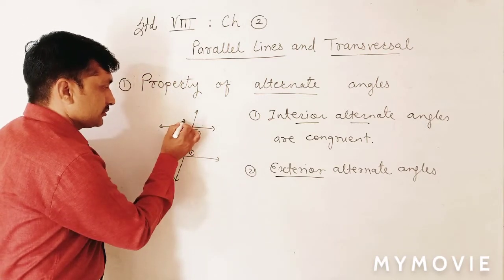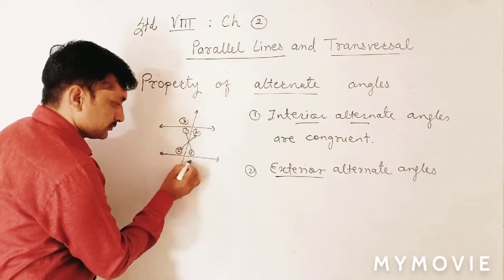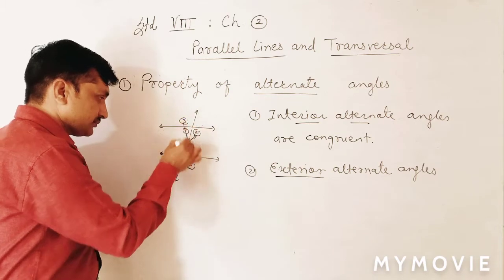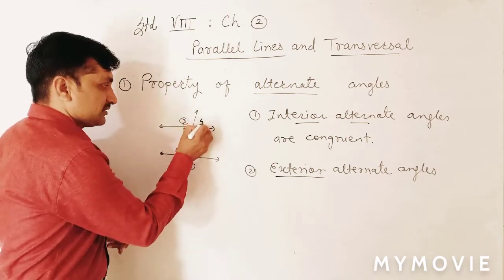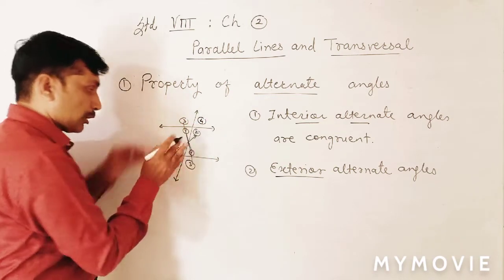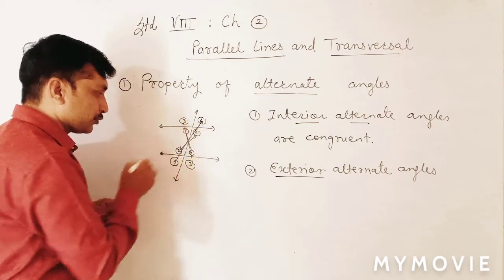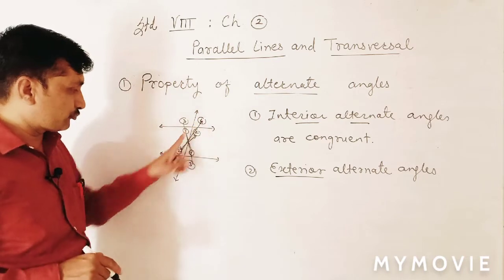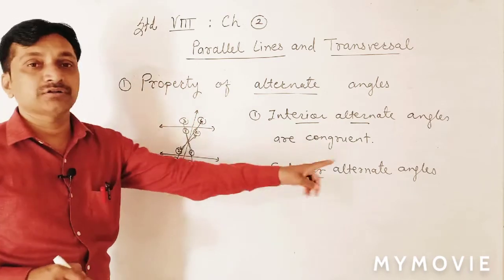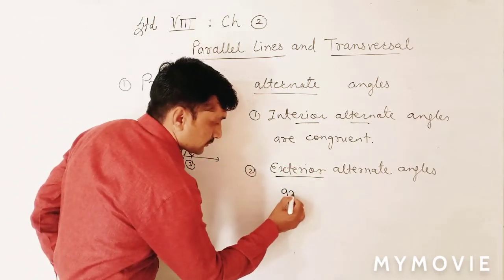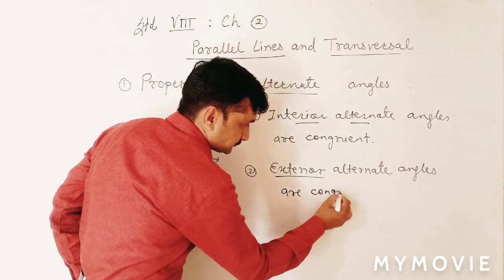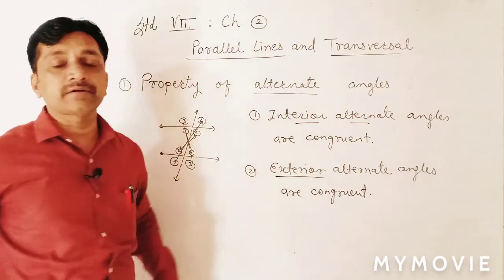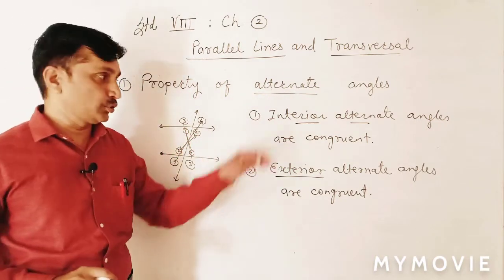Outside means here you see third and here third, outside the parallel lines and on opposite sides of the transversal. See, right and left. The fourth pair is here, outside the parallel lines and on opposite sides of the transversal. These are also congruent. The second property about alternate angles: alternate angles are congruent, both types.